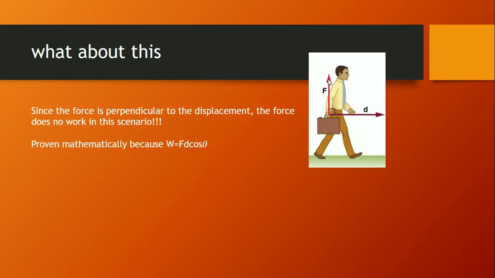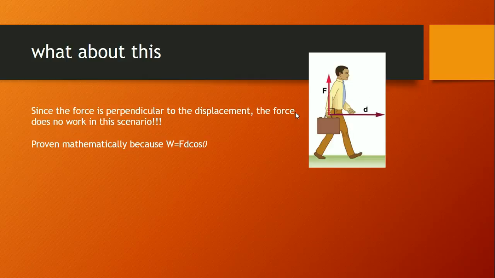So not even a single piece of the force pushes the way the man's walking. So this force does no work. His arm does no work in physics. According to physics, his arm does no work while he's moving.